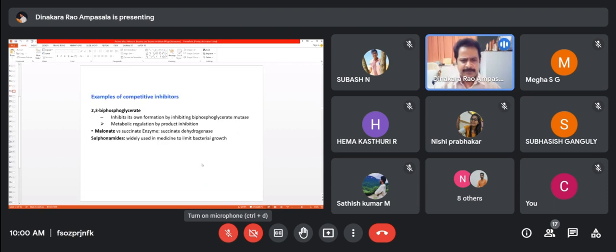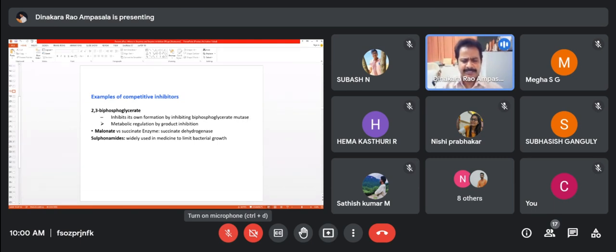Examples of competitive inhibitors: we have seen arabinose for the glucose oxidase enzyme, and another one is 2,3-bisphosphoglycerate, which inhibits its own formation by binding to bisphosphoglycerate mutase.